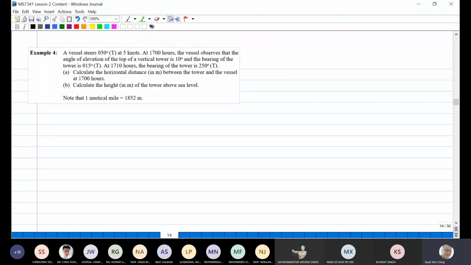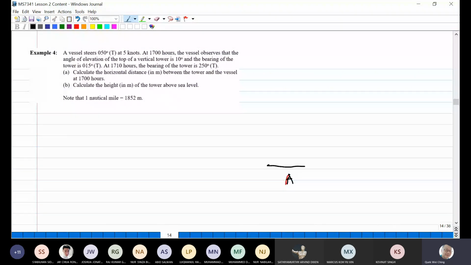Okay, example 4. A vessel steers at 050 true bearing at 5 knots. So this is the direction it moves. So let's say this is the beginning, called point A here.